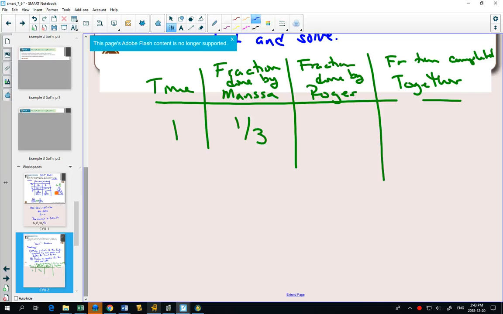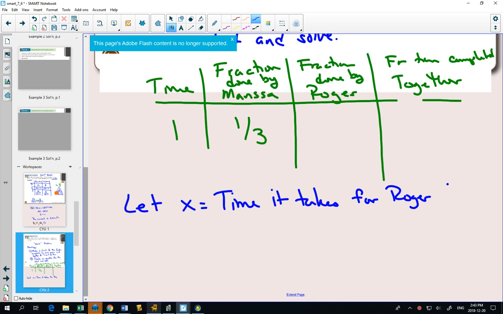If we let x equal, because that's what we don't know, the time it takes for Roger to paint the garage, how much would Roger get done in 1 hour? Okay?